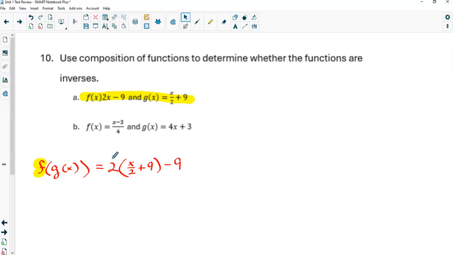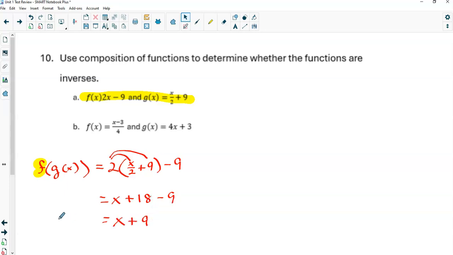Well, remember, to solve that, all you have to do is multiply. Remember, distribution. So 2 times x divided by 2, the 2 cancels. That is x. 2 times 9, that's 18, minus 9. 18 minus 9 is 9. So this is x plus 9.